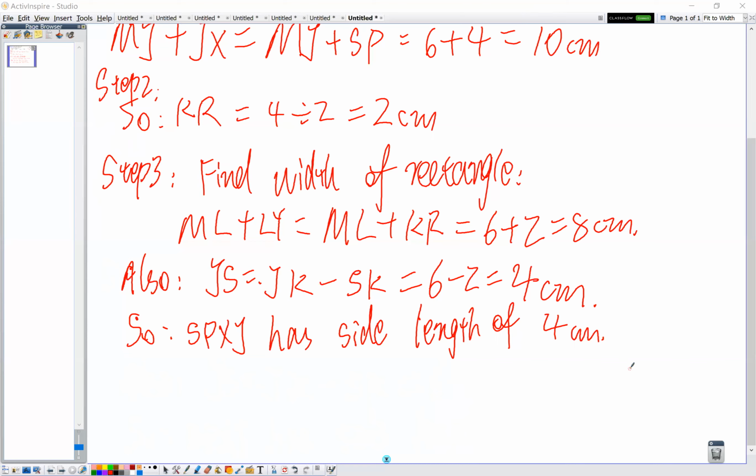Okay, this one we nearly finished here. This is a square, so we can find the area of the shaded region.